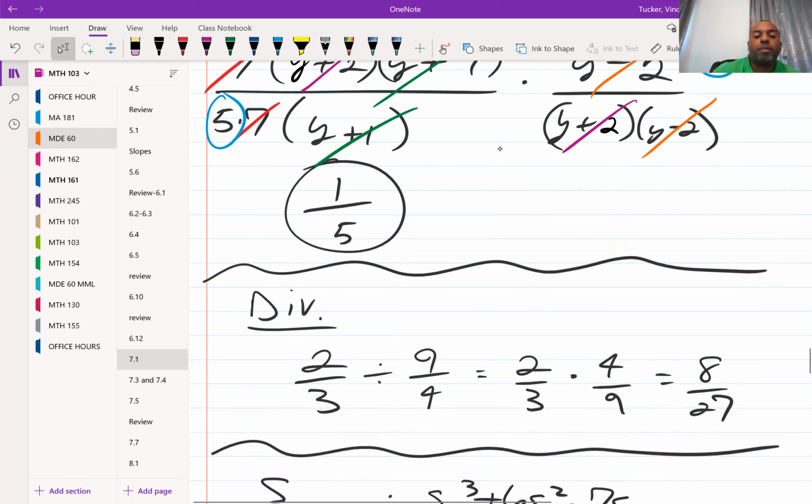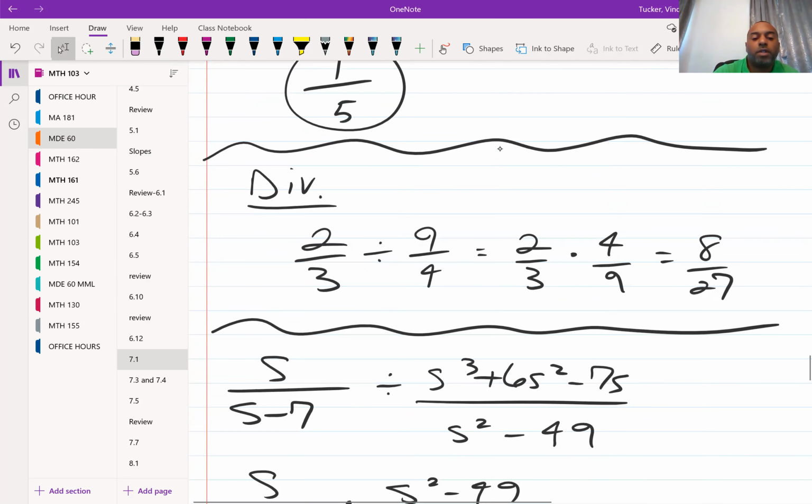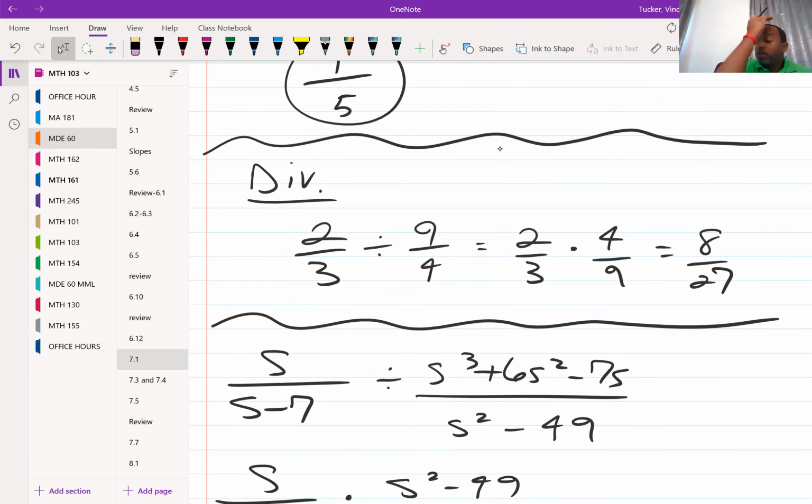All right, so let's look at applying that to our rational expressions. So we have s over (s - 7) divided by (s cubed + 6s squared + 7s) over (s squared - 49).